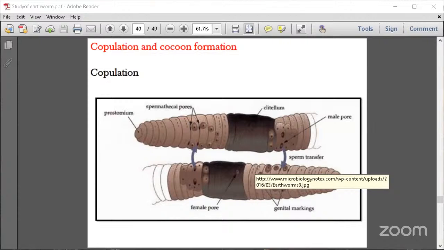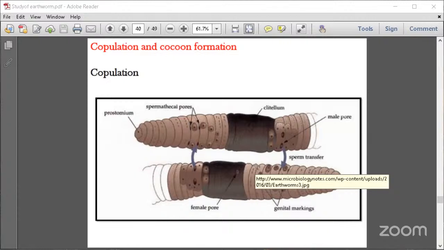Fertilization, as we already discussed, takes place inside the cocoon, where each ovum is fertilized by sperm. As a rule, only one embryo develops. Only one fertilized egg proceeds to develop into a new individual and the rest degenerate. So the cocoon contains many fertilized eggs, but only one earthworm is released from the cocoon.